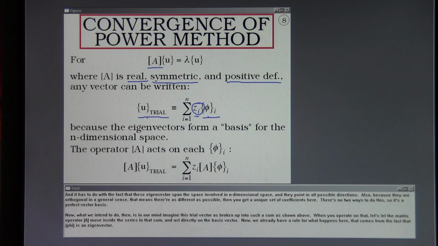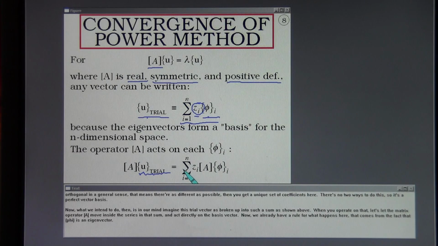Now, what we intend to do then is, in our mind, imagine this trial vector is broken up into such a sum as shown up above. When you operate on that, let's let the matrix operator A move inside the series in that sum and then act directly on the basis vector. Now, we already have a rule for what happens here that comes from the fact that phi is an eigenvector.